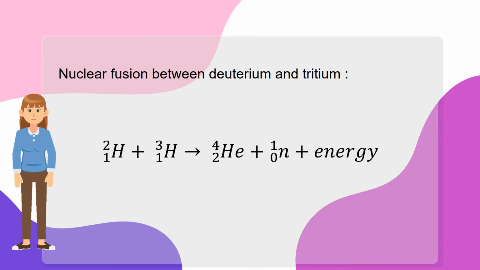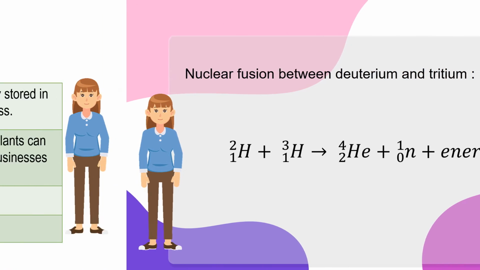In theory, with just a few grams of this reactant, it is possible to produce a terajoule of energy, which is approximately the energy one person in a developed country needs over 60 years.